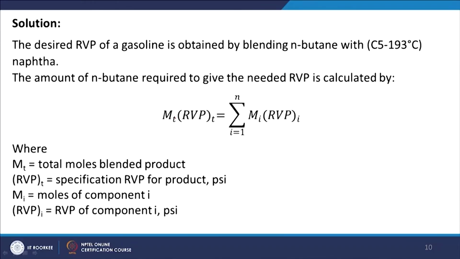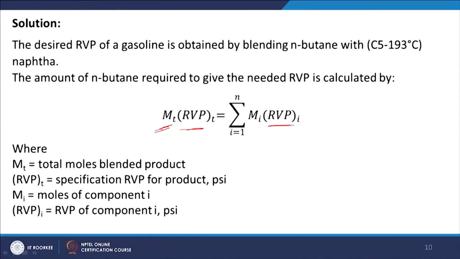Now, in this case we can assume that after mixing, we get some total moles of the blend, and what is the RVP of the total blend. That is equal to the sum of the individual components, their moles and their RVP.